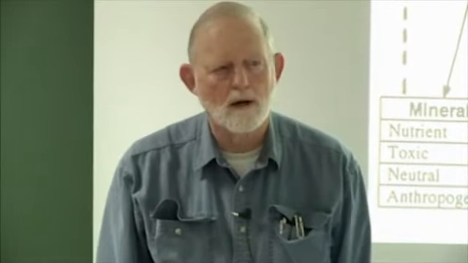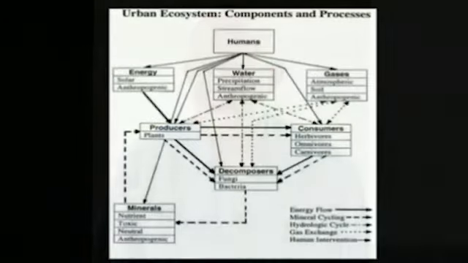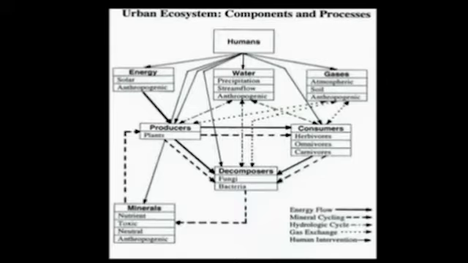This is a generalized diagram that's in your handout this afternoon that tries to point out how humans affect not only the sources of energy or water or gases, but also can have effect upon the biotic and abiotic components of systems as well. Basically, we have the potential to affect each of the components of an ecosystem.